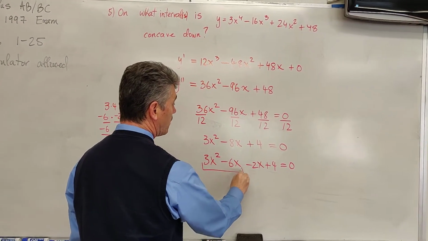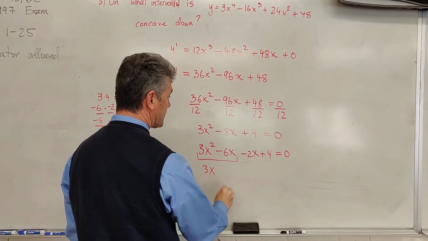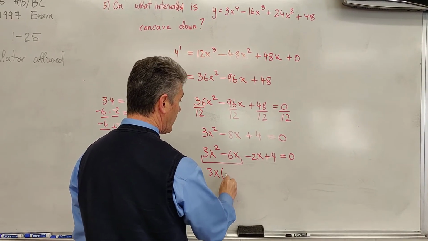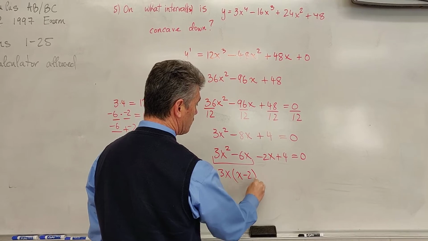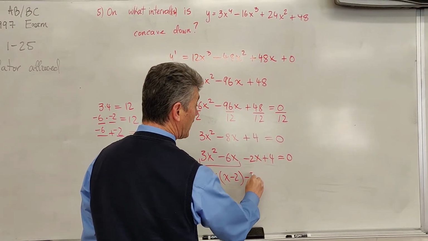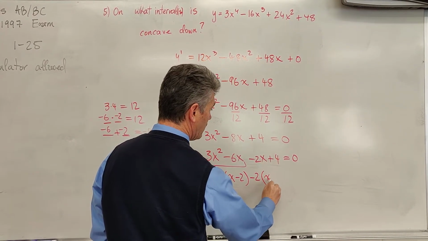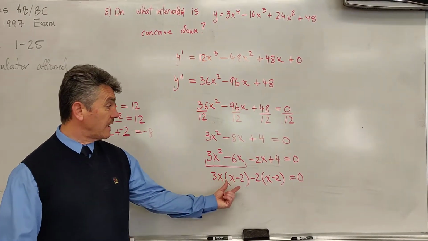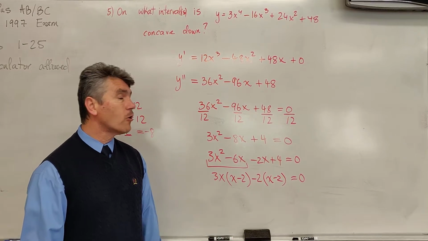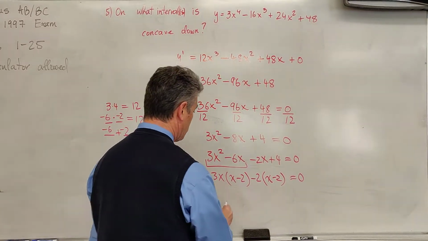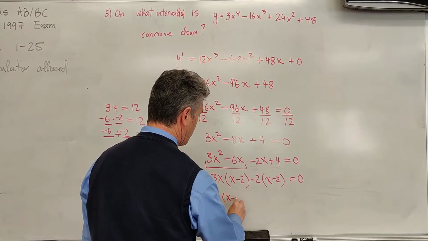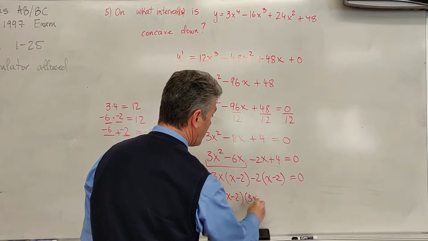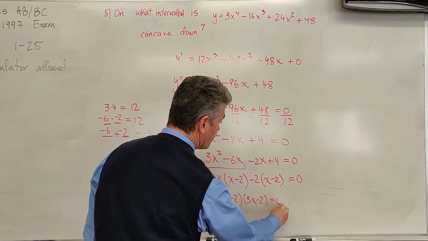Group the first two terms, factor out a 3x: 3x times x minus 2. Factor out a negative 2. So now we're happy. We see that the two quantities are identical. We can now factor x minus 2. So this is x minus 2 times 3x minus 2 equals 0.